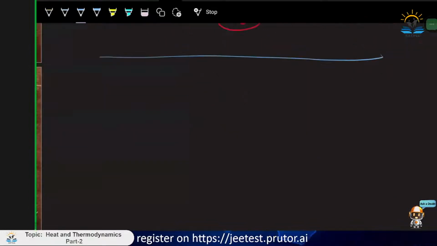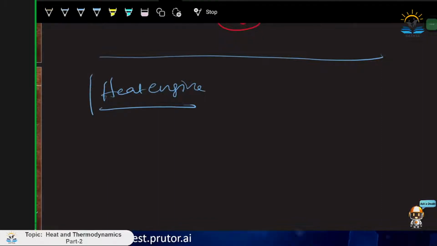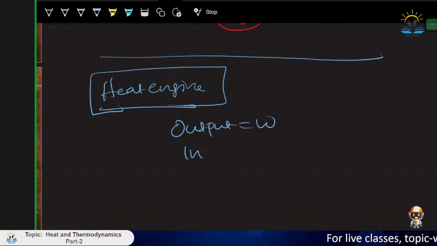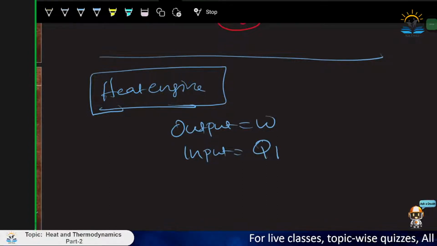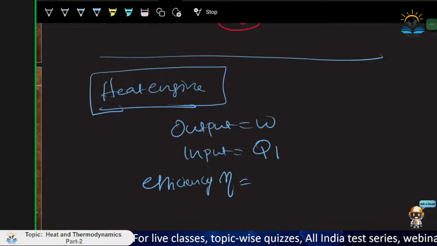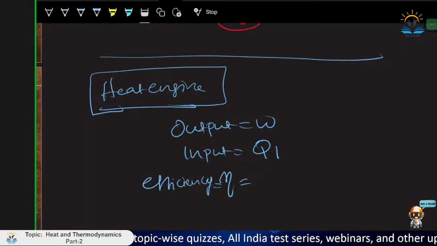So efficiency, eta, is output by input, that is W by Q1.